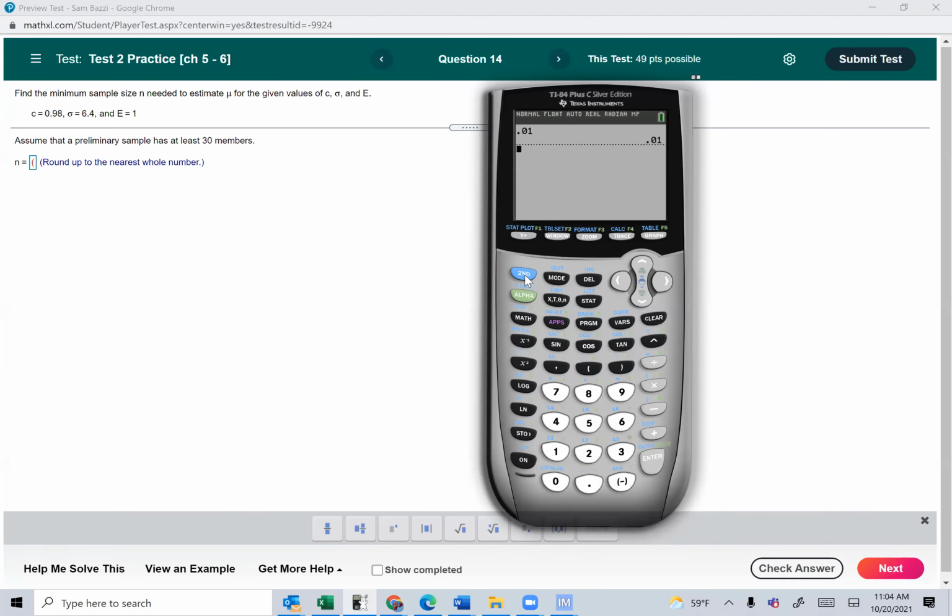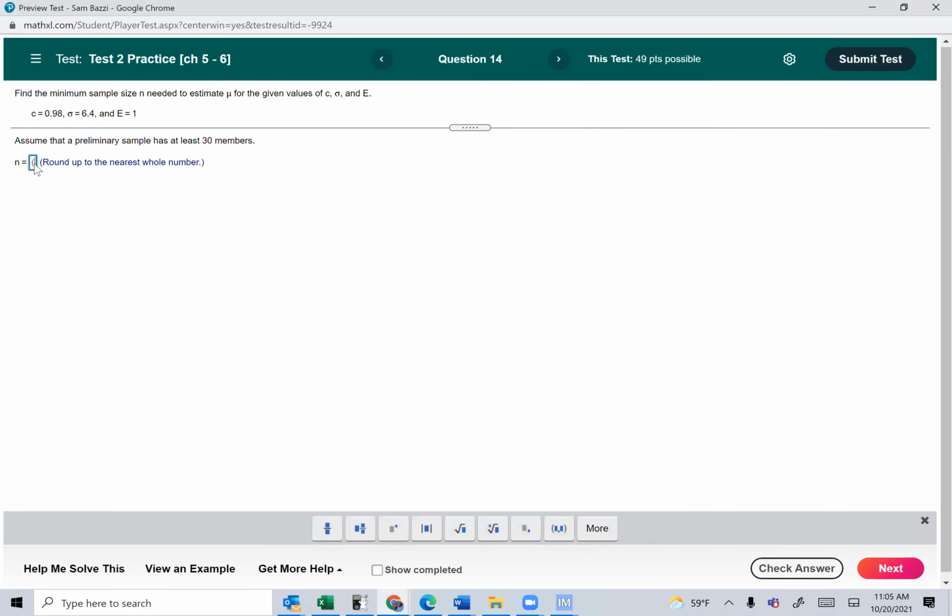Now go to inverse norm. Put 0.01 here. Put 0 and put 1. You find the z-score. It's 2.33, rounded to 2 decimal places. So I'm going to go back here now. 2.33 times sigma, which is 6.4, divided by E, which is 1.